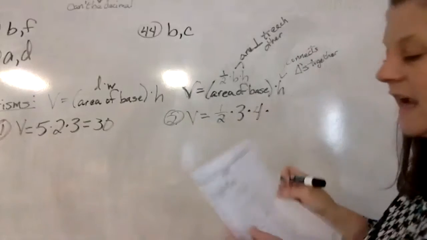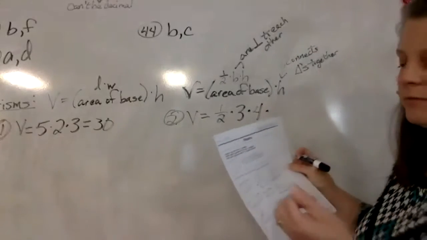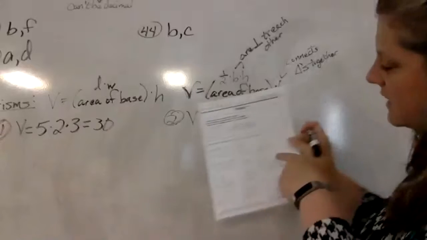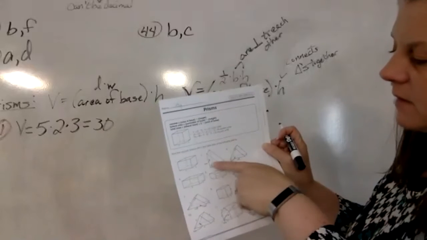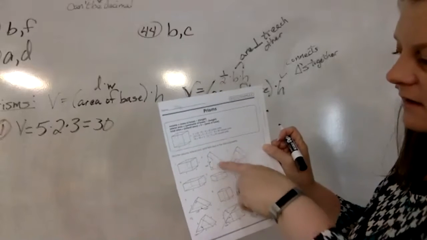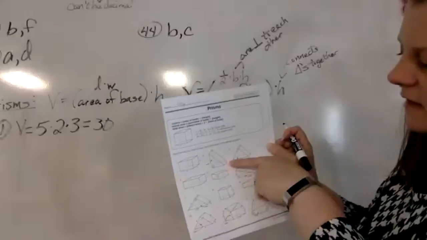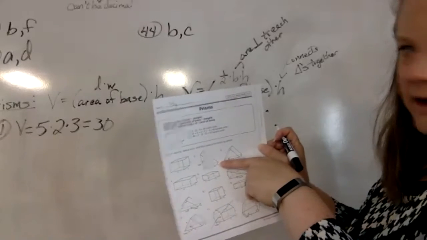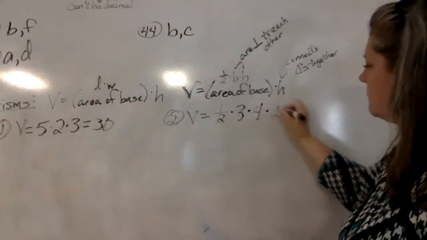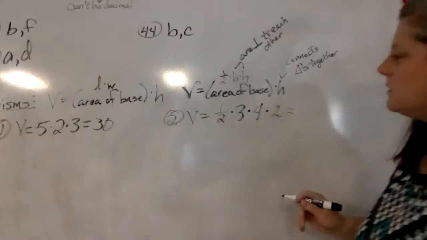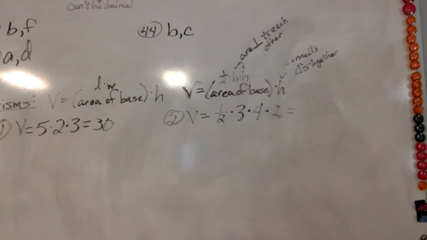And then the height of the entire prism is what connects the two triangles together. So my bases are on the front and back, the two triangles. So the length connecting the two triangles together is the little side measurement down here, 2. So that's what we're going to multiply for the volume on number 2: 1/2 times 3 times 4 times 2.